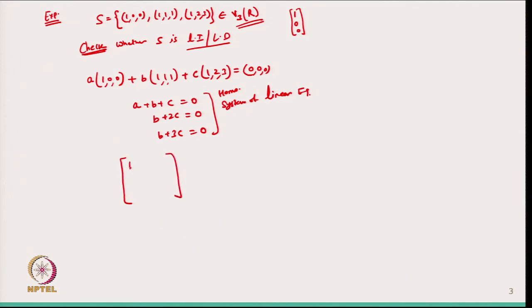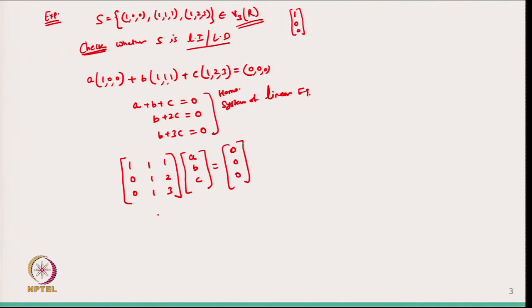So I get the matrix with rows 1 0 0, 1 1 1 and 1 2 3. You can see that I have written the first vector as a column in the matrix, the second here and the third here, and the scalars I write as a, b, c, and the right side becomes 0 0 0.